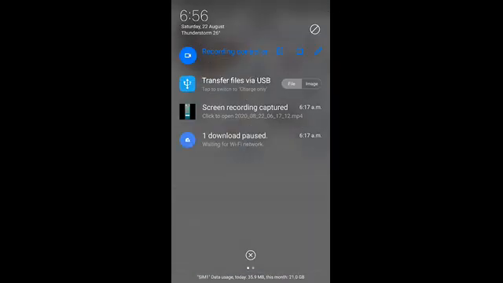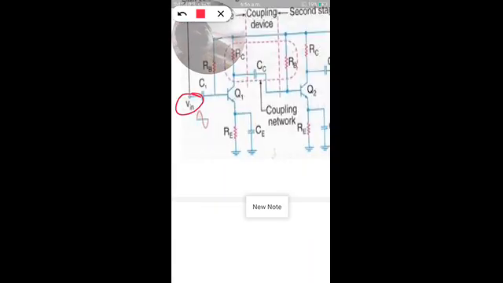Coming to the operation, when we give the input signal Vin to the amplifier, this is the signal to be amplified. When we give the signal to the base, the coupling capacitor couples the signal to the base of the first stage amplifier.